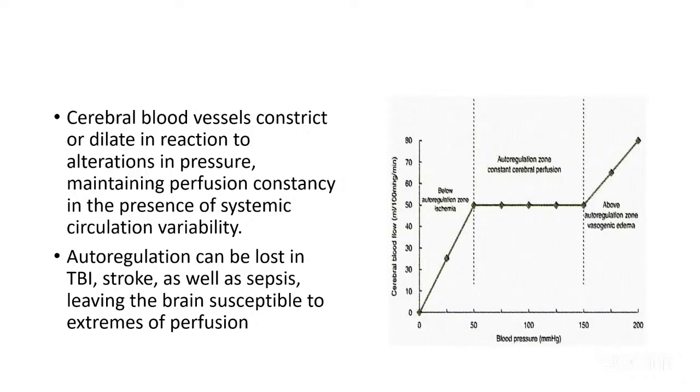The underlying principle is we try to increase the mean arterial pressure by 10 mmHg and maximum up to 20 mmHg, and then we assess the response via invasive intracranial pressure monitoring. Does increasing the MAP lead to an increase in intracranial pressure, or does it remain constant? If it is constant, then the autoregulatory capacities are working.